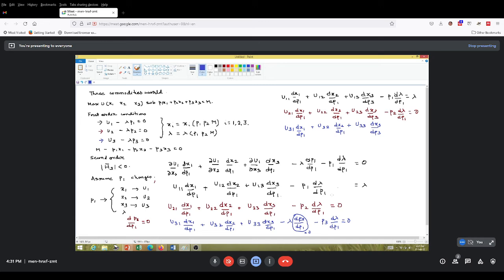Okay, and this part it is lambda minus P3 d lambda by dP1 is equal to 0.